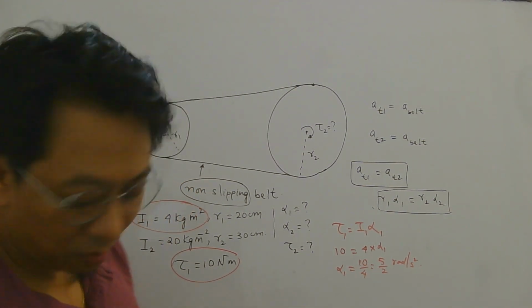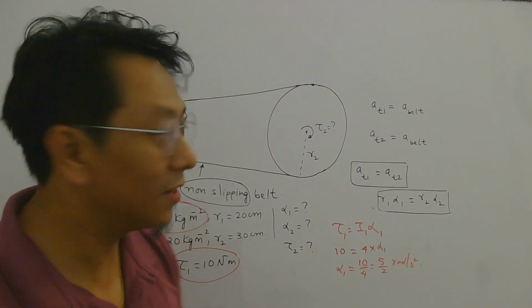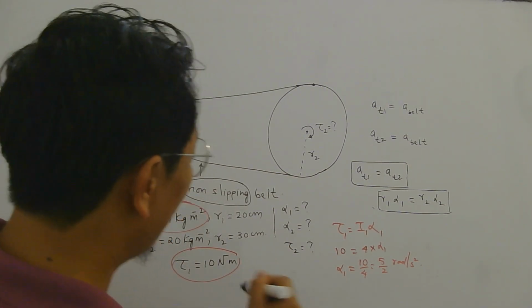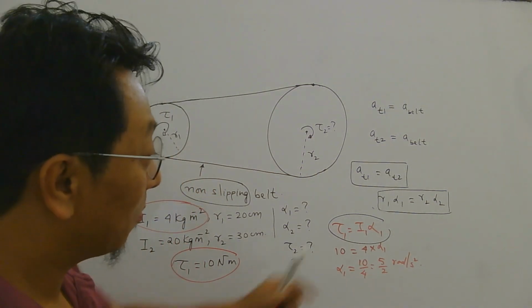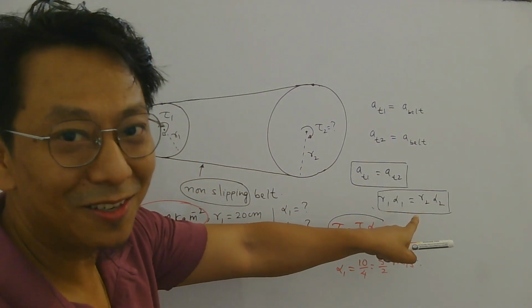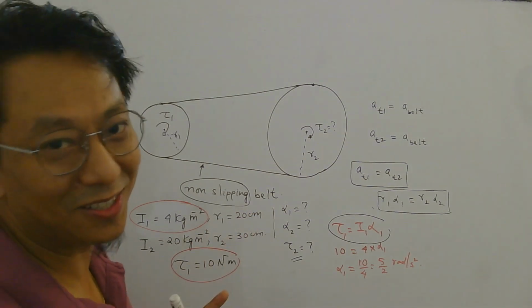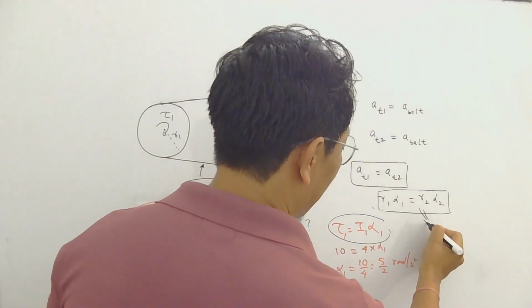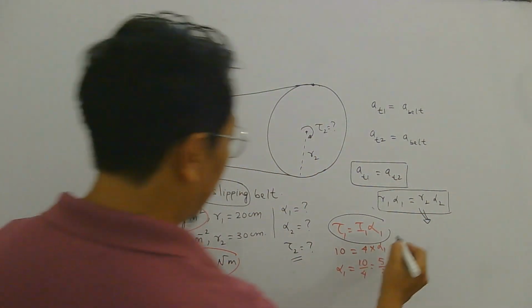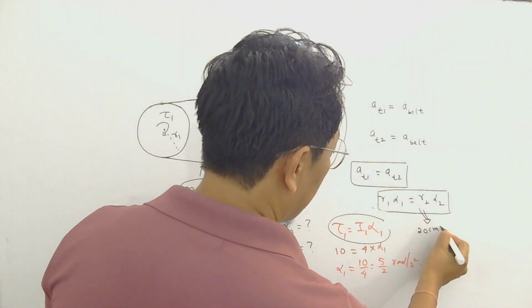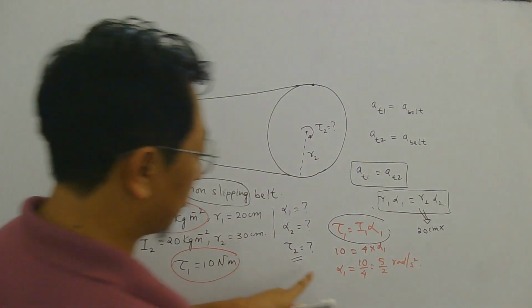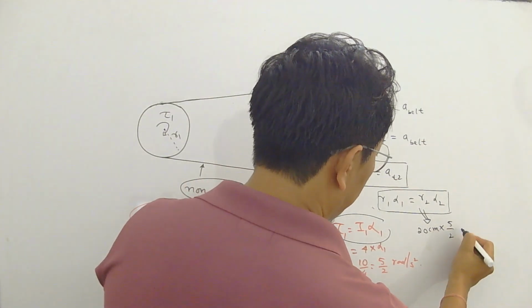Now how to find the angular acceleration of the second disk, the bigger wheel? Well, we can't use this formula because we don't know the torque on the second wheel, but we know this condition which came from the no slipping condition, right? So you substitute here. What is the radius of the smaller wheel? 20 centimeter. Angular acceleration of the smaller one we found, 5 by 2.